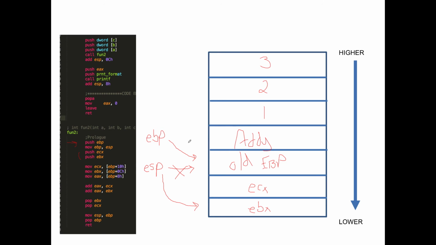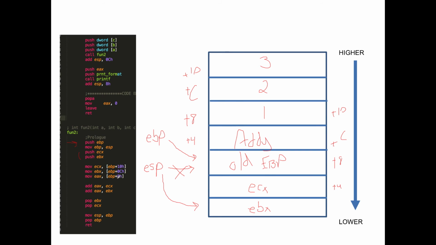For EBP, this is +4, this is +8, this is +C, and this is +10. ESP is now +4, +8, +C, +10 in order to get to the first argument, because I modified the stack.